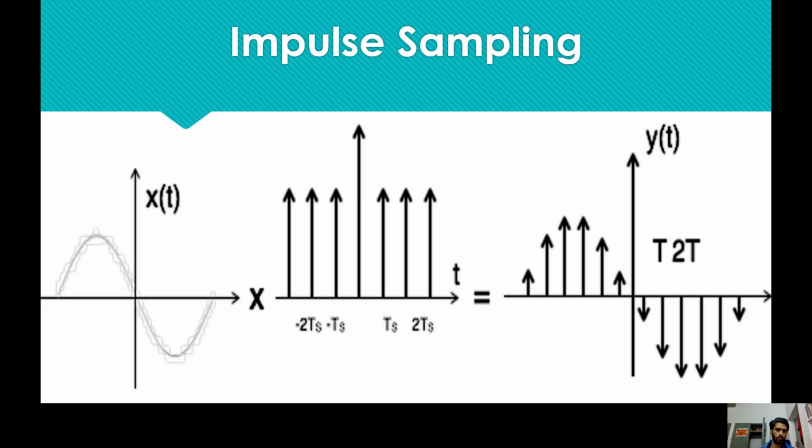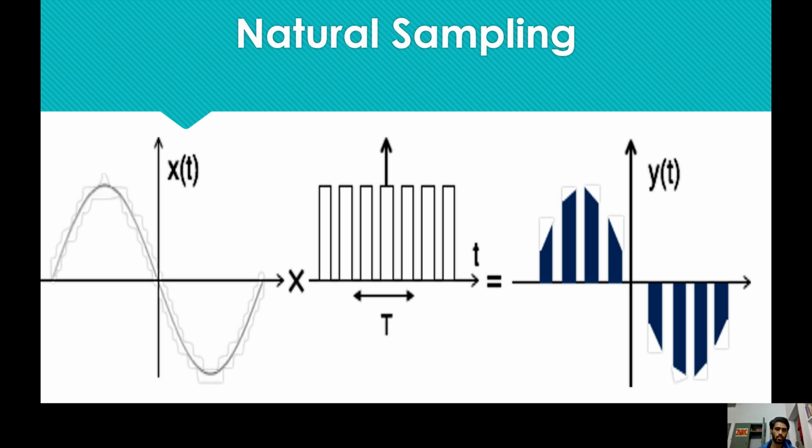The next is natural sampling, in which the same input signal is multiplied by a pulse train instead of an impulse train. The pulse train has a fixed time period of T and has a certain width. And as you can see, it has a fixed magnitude, a fixed time period, and a fixed width.